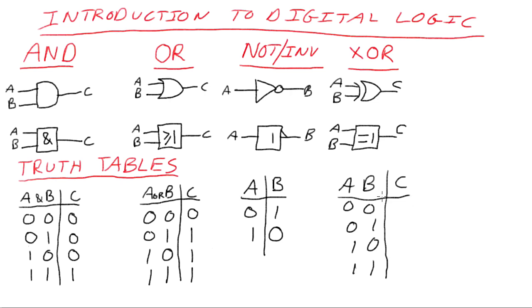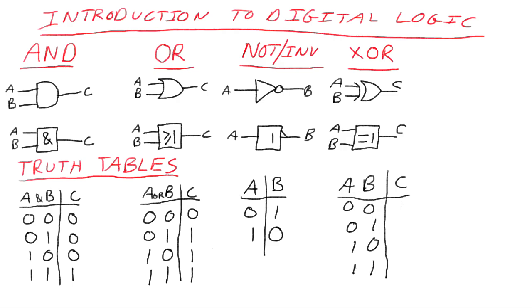The exclusive OR function is almost identical to the OR function over here, but it's exclusive, which means that it has a special functionality. Just like the OR gate, if A or B is 1, then the output is 1. But with the exclusive case, only when A or B is 1, but not both, is the output 1.